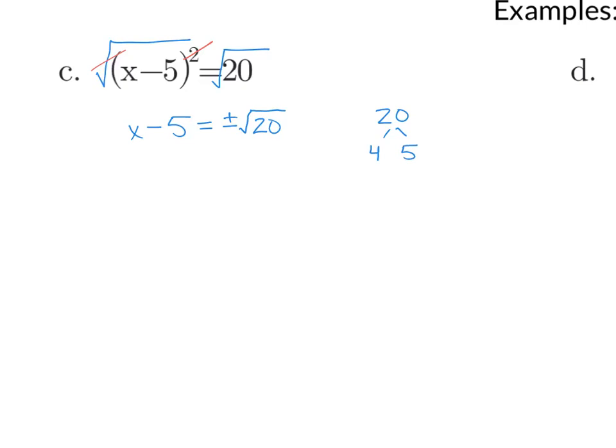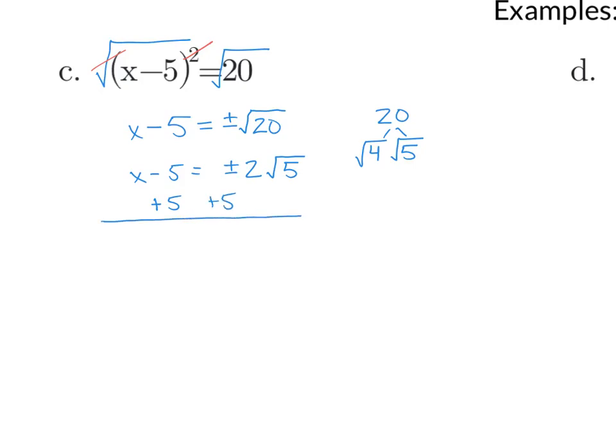4 is a square. And so now if I take the square root of each one of these, I get x minus 5 equals plus and minus, the square root of 4 is 2, and my 5 stays inside the square root. All right, we want to finish solving, so I'm going to add 5 to both sides.